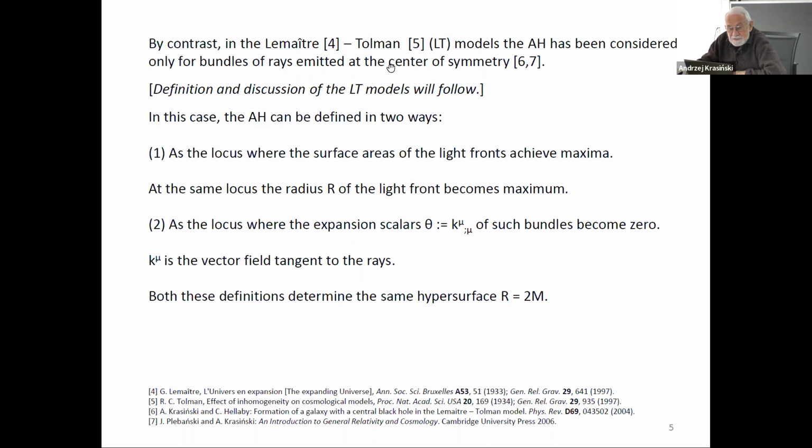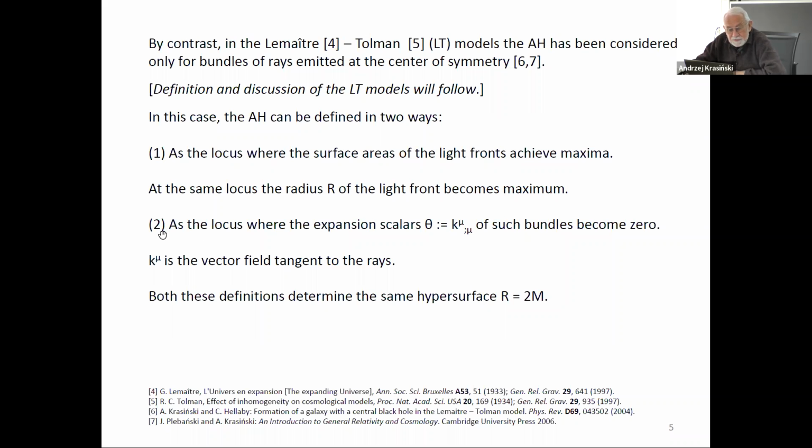So in this case, the apparent horizon can be defined in two ways. One way is to say that the apparent horizon is the locus where the surface areas of the light fronts emitted from common points achieve maxima. So at the same locus, the radius of the light front achieves a maximum.